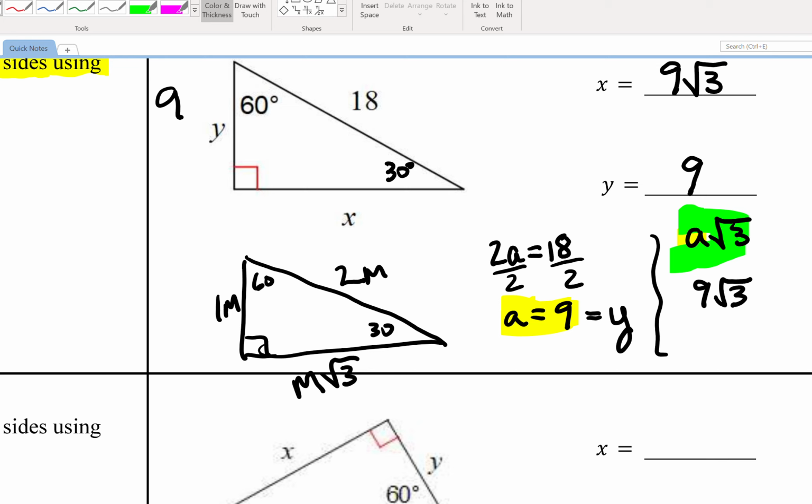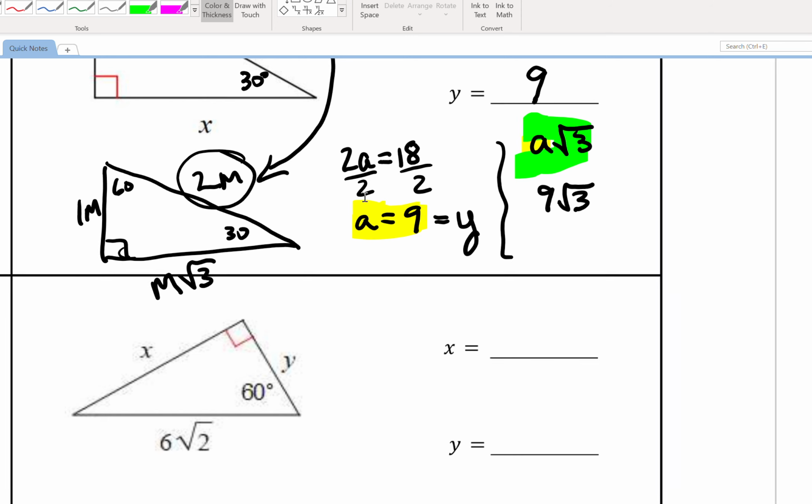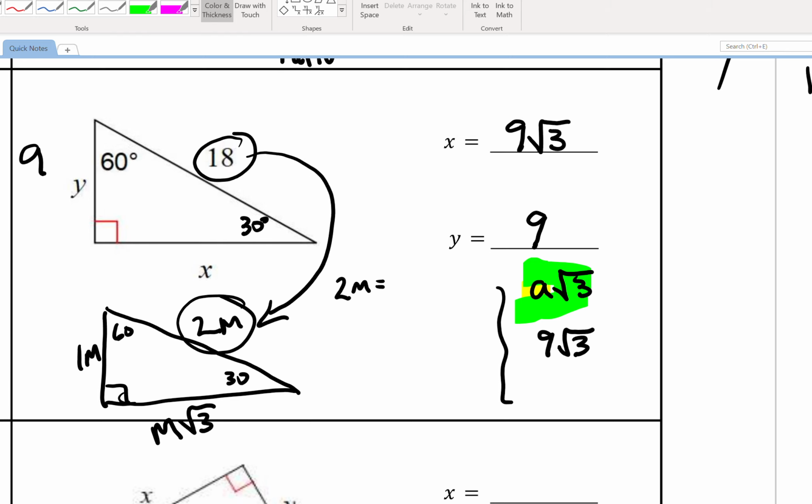Y en este caso vamos a empezar con este 18 porque eso es lo que sabemos. 18 corresponde a 2m. Entonces, 2m es igual a 18. Vamos a marcarlo así azul. Es la hipotenusa.